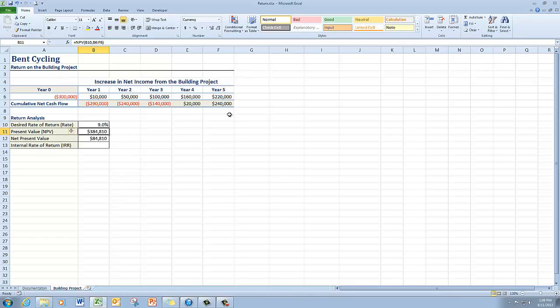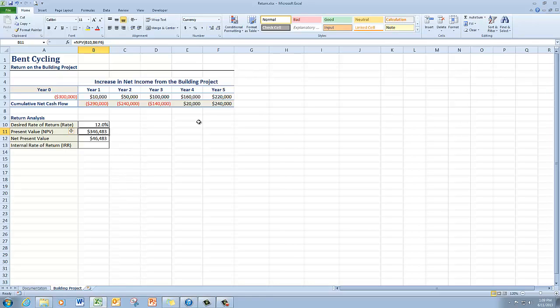There it is at 9%, but what happens if I change that to 20%? If I change it to 20%, all of a sudden I'm in a position where I have a negative net present value, which I don't want. So you can see that playing with those discount rates has an impact on the rate of return.